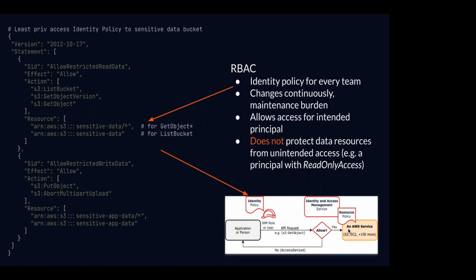So that's what I mean by differentiating between controlling access or granting access from principal and resource. RBAC and ABAC are primarily focused on the IAM principal side versus the resource side. So RBAC is great for allowing some access from the principal side.